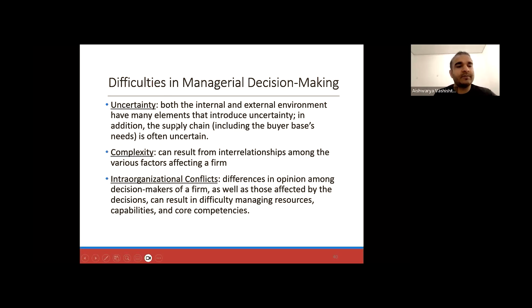The CTO might say that we should spend this money on research and development, R&D, give more money to our R&D department. But the CEO may want to enter a new market, because entering a new market means that your firm has become bigger, it has grown bigger, and hence the CEO qualifies for higher compensation.